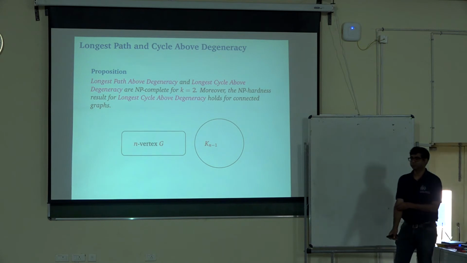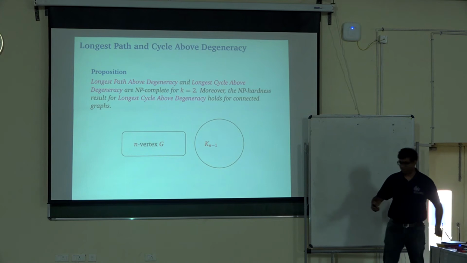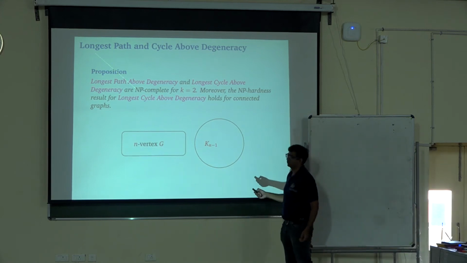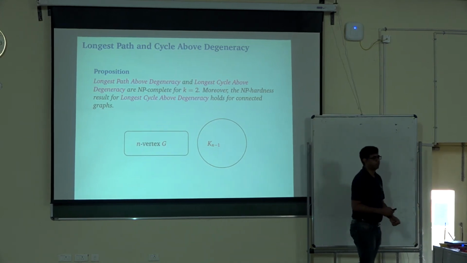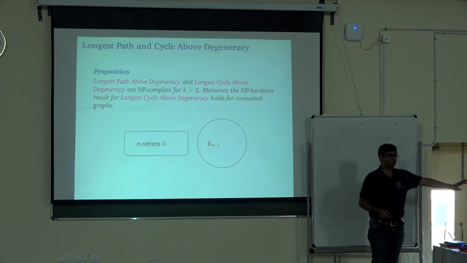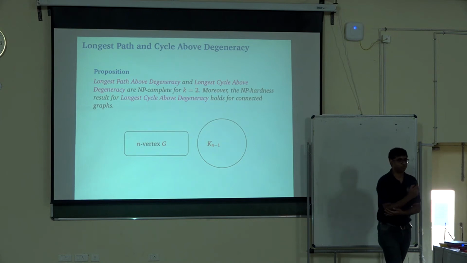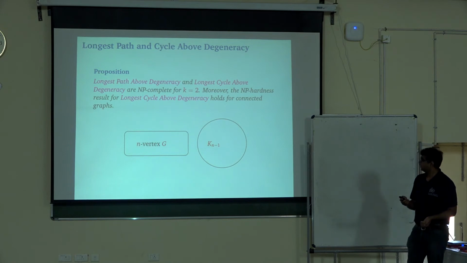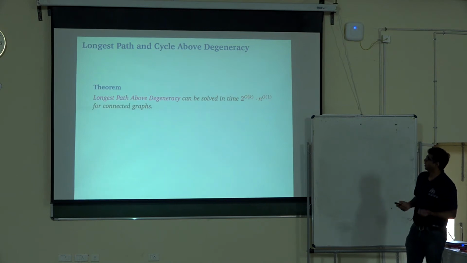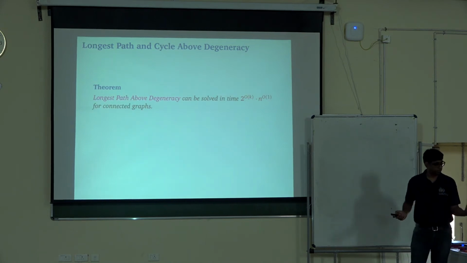Okay? So, some caveats. And we can do the same thing for cycles by just gluing one vertex, identifying one vertex with this clique, so that a cycle can only live in one part, and you can show that the same thing works. So what we proved is that this can be solved in this time for connected graphs.